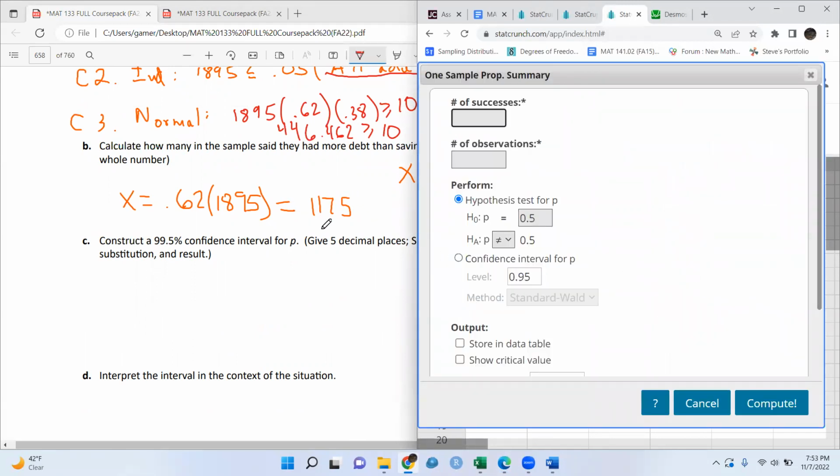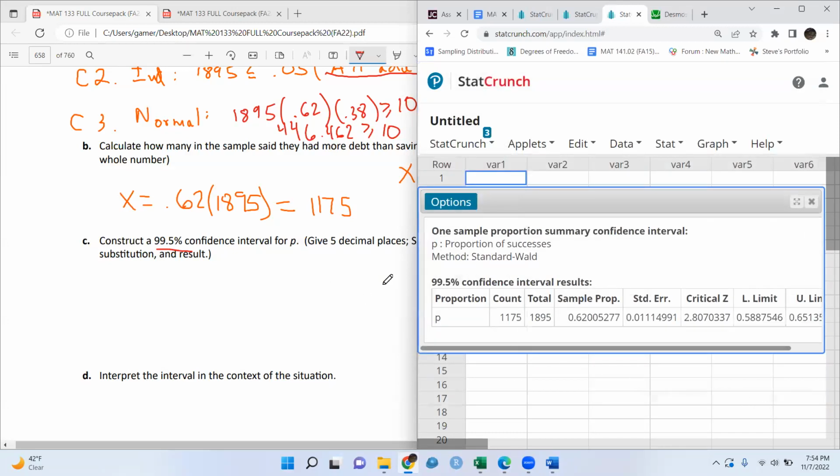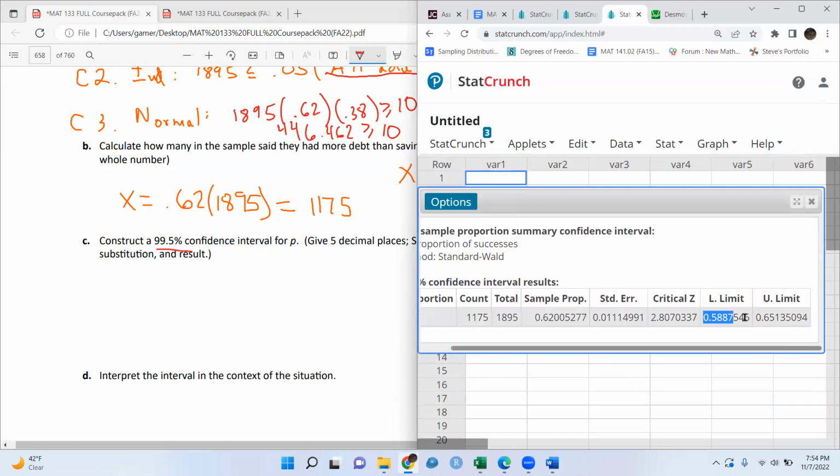We calculated our X back in B. We know the N because we used it in the calculation. And this time it's a 99.5, so we have to change this to a 0.995. I'll show the critical value because you need that for your substitution, but here's the result.